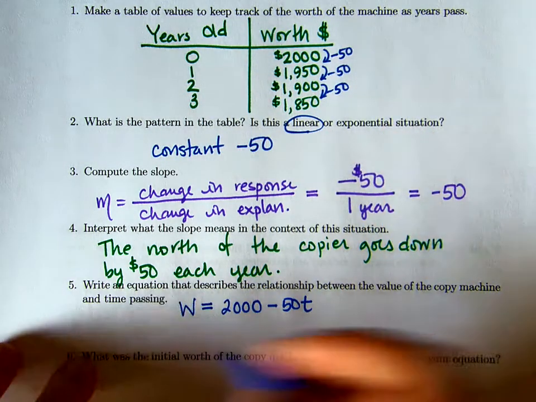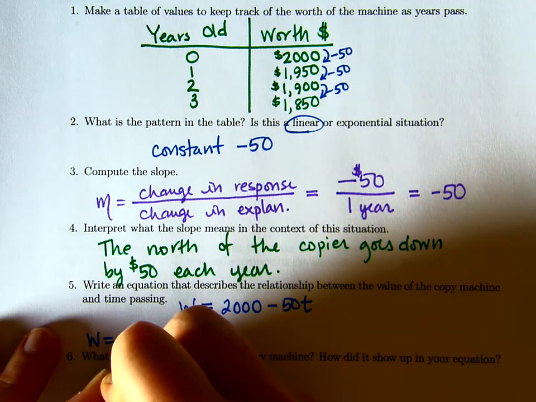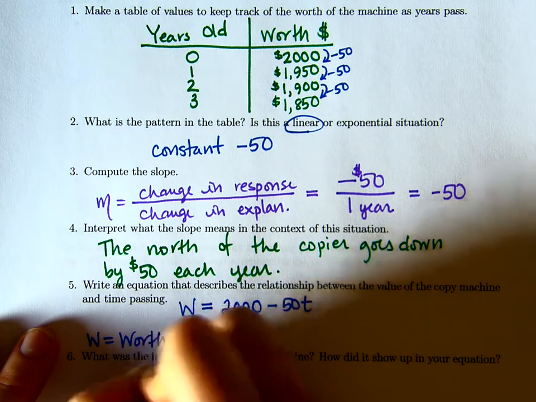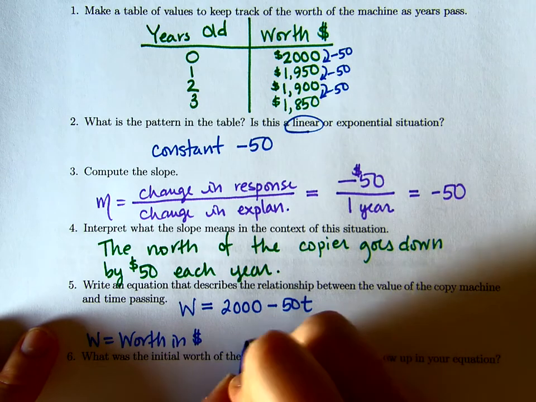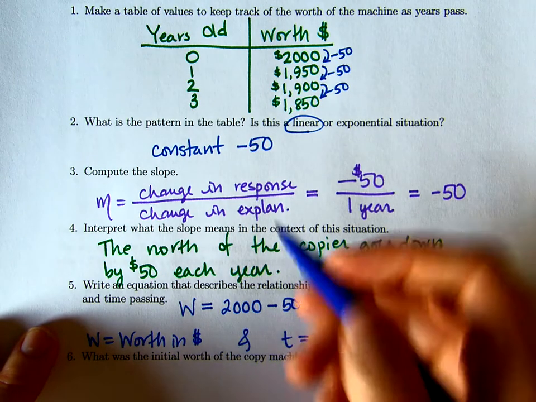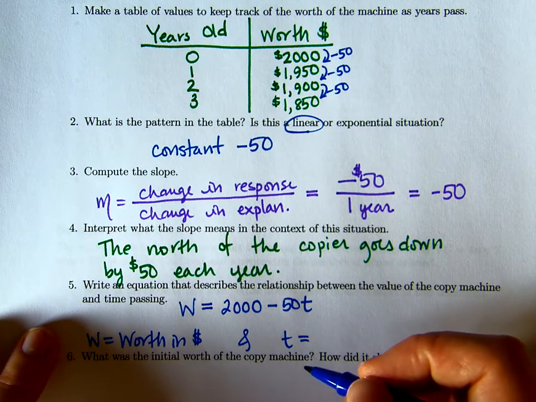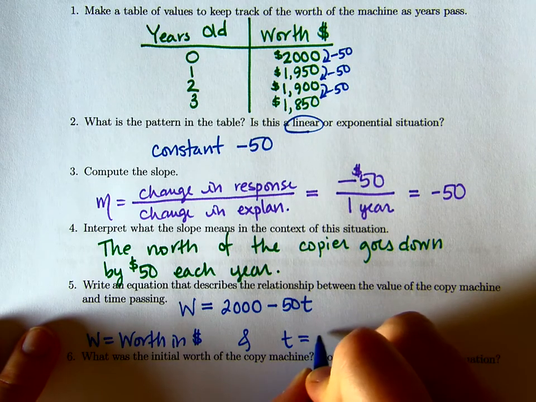So I better write that down, where W equals the worth in dollars and T equals how many years old it is.